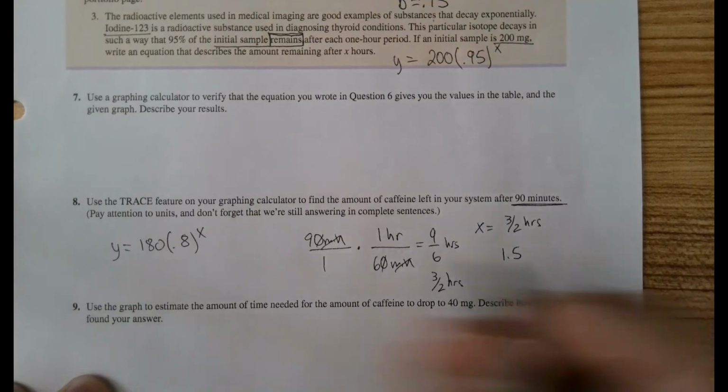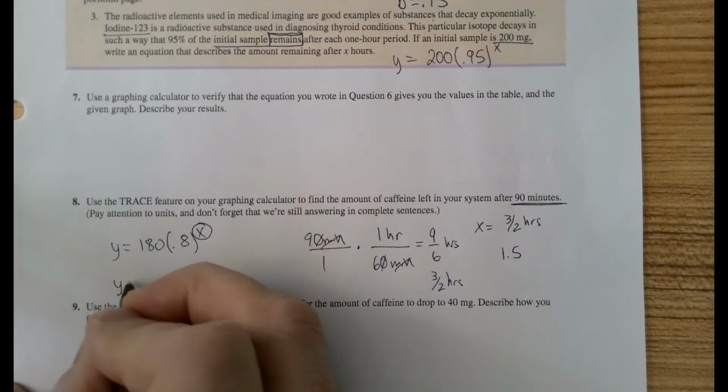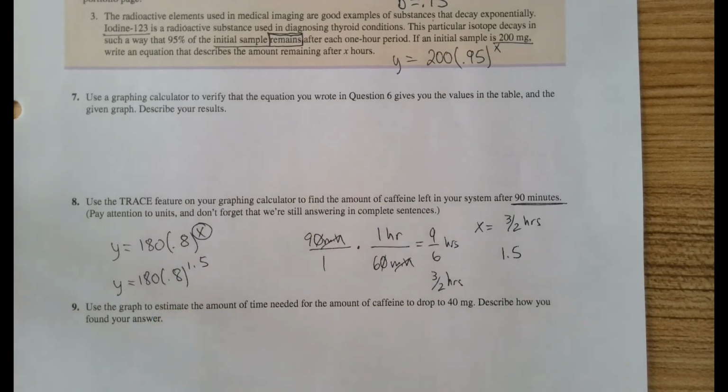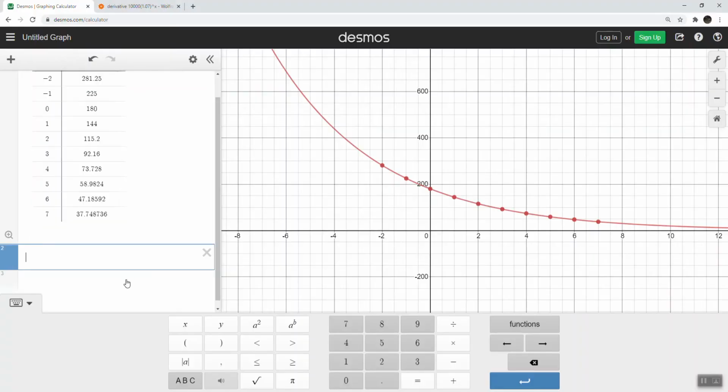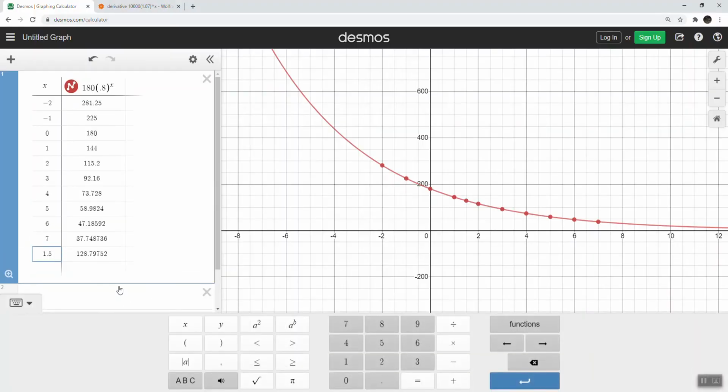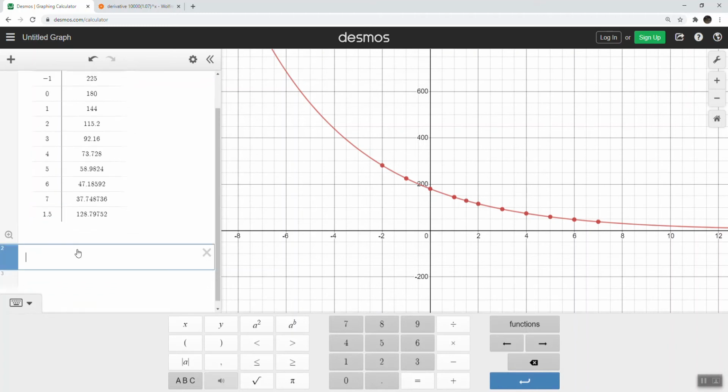Since this is the x value, we're just going to plug it in here for x. So we're going to do y equals 180 times 0.8 to the, let's do 1.5. It's the easiest to type in. I've got the table here, so why not just type it right here? 1.5, there it is, 128.797525.